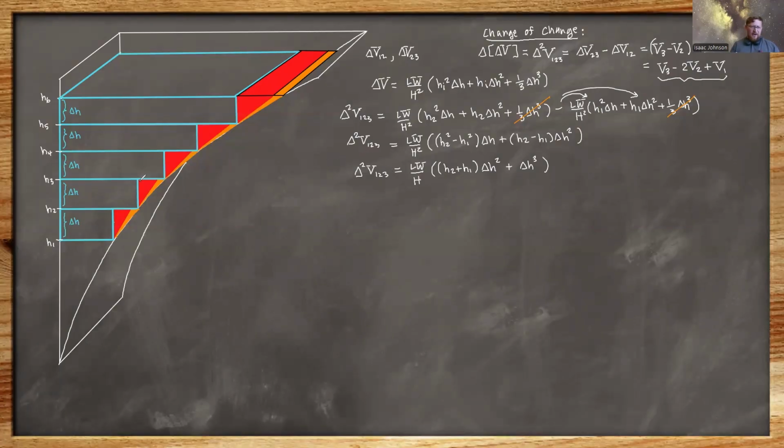And now I kind of want to point out geometrically what's going on. So if we were to move the change from height 1 to height 2, if we were to move it upwards, it would look something like this.